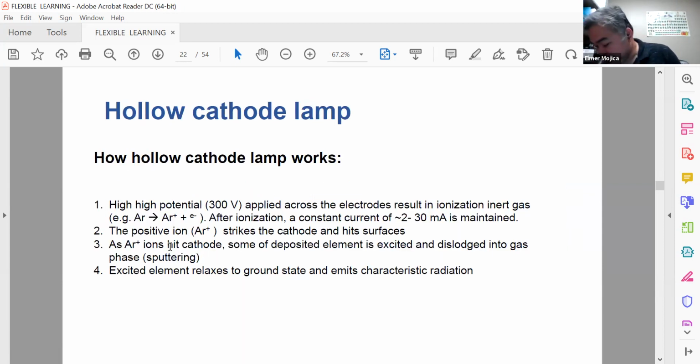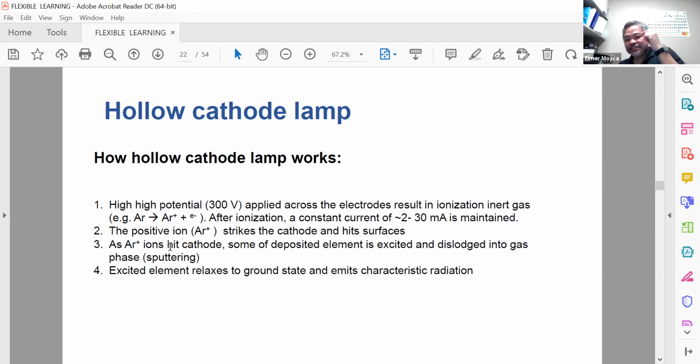We discussed some of this in the optical components of optical instruments. If we look at how the hollow cathode lamp works, a high potential of around 300 volts is applied across the electrodes, resulting in ionization of the inert gas. The 300 volts converts the argon to argon plus, and then the positive ion strikes the cathode and hits the surface.